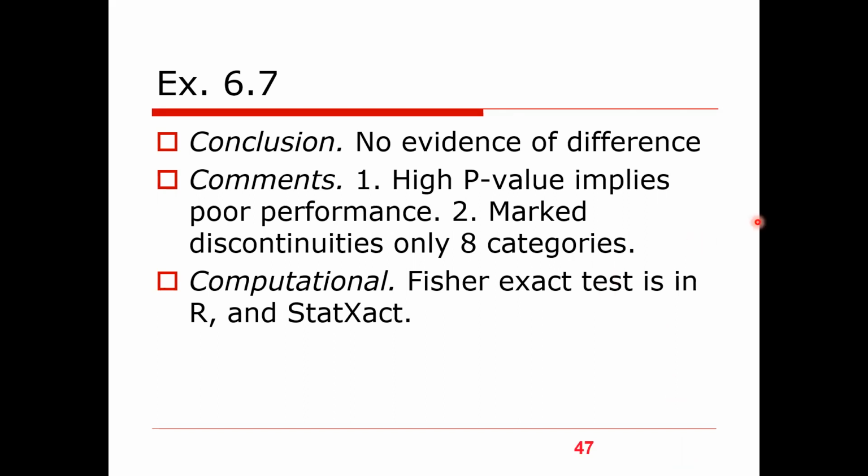But intuitively, by looking at the data, we would rather think the medians of the two samples should be different. So the high p-value implies poor performance of the median test. Why is that? Because there are marked discontinuities in the permutation distribution, right?